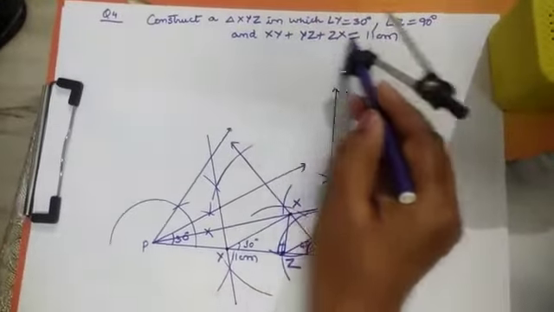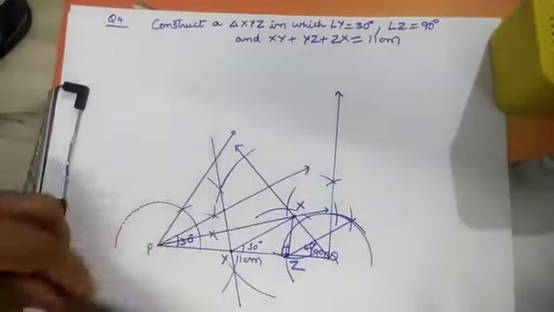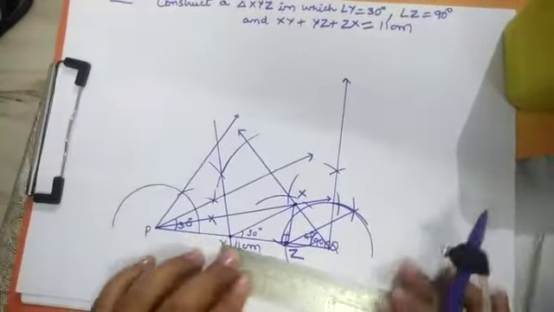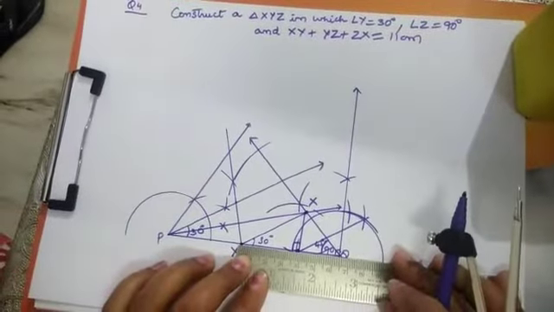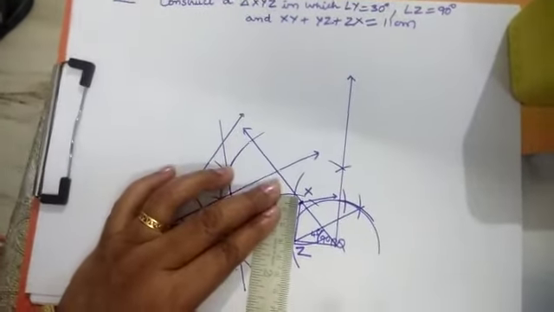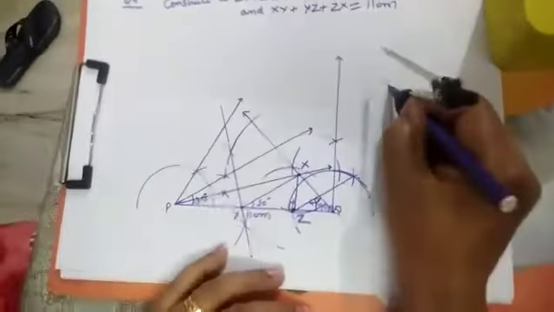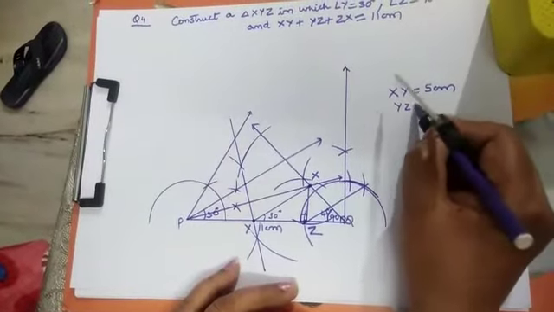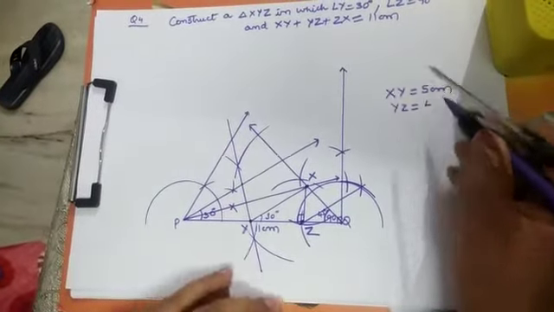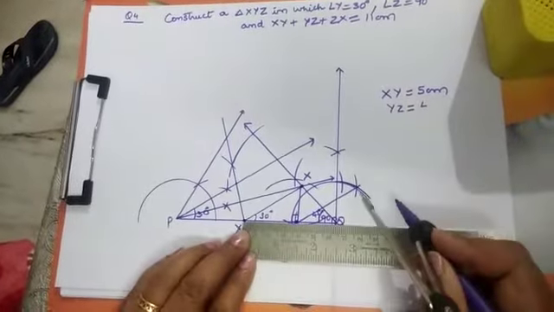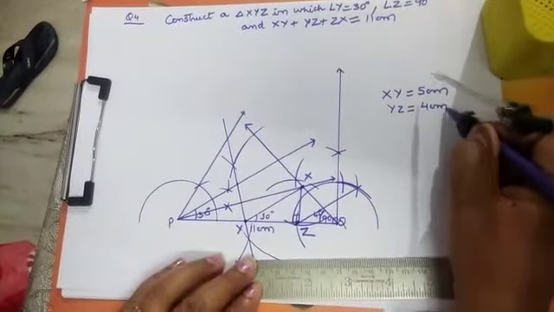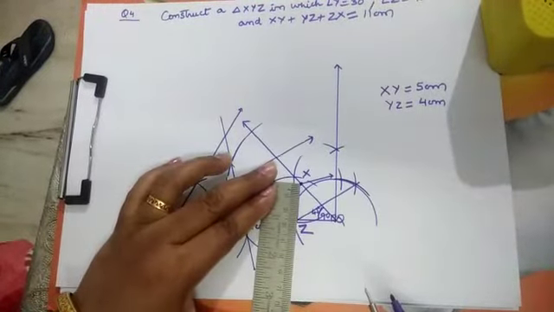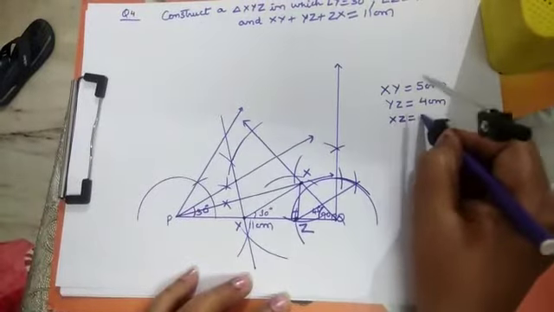And the sum of three sides should be 11 centimeters. If you measure it, this is 5, 4 and 3. XY is 5, YZ is 4 centimeters, and XZ is 2 centimeters.